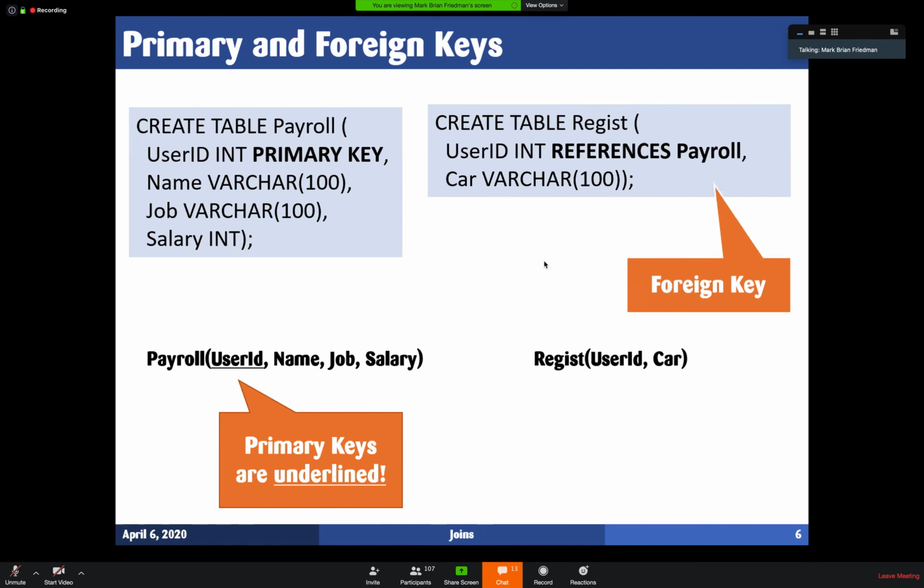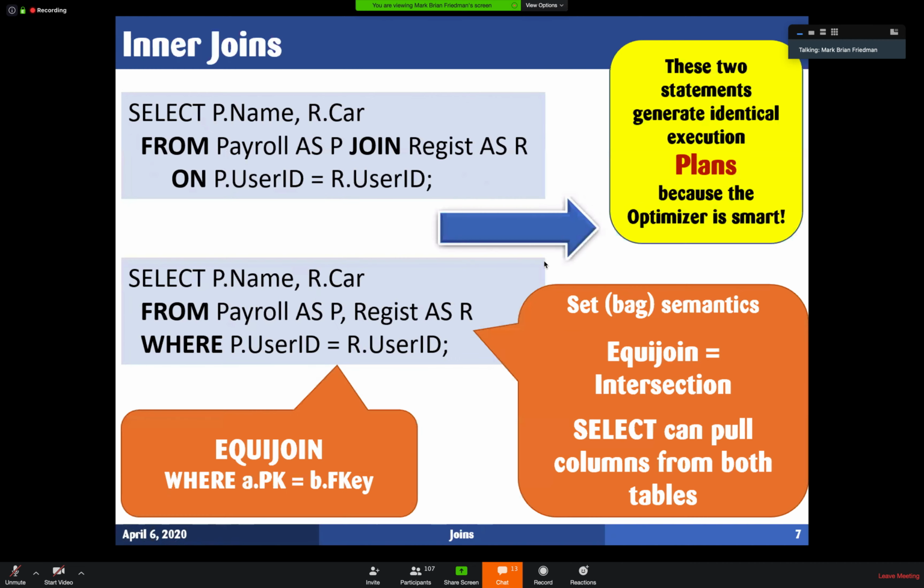So that was our foreign key, referencing back to the other table. Now we saw two ways to write this inner join, in the relational algebra, for this way of computing the answer, to look at the names of people in the database and their cars.